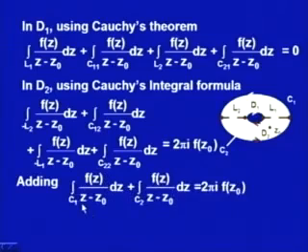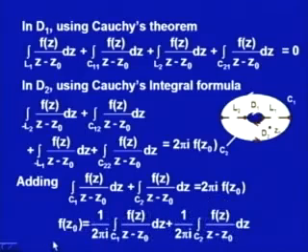So, what I get is the integral along C1 of f(z) upon z minus z naught dz plus the integral along C2 of f(z) upon z minus z naught dz equal to 2 pi i f(z naught). That gives me the formula that f(z naught) is 1 upon 2 pi i integral along the boundary C1 of f(z) upon z minus z naught plus 1 upon 2 pi i integral along the boundary C2 of f(z) upon z minus z naught.